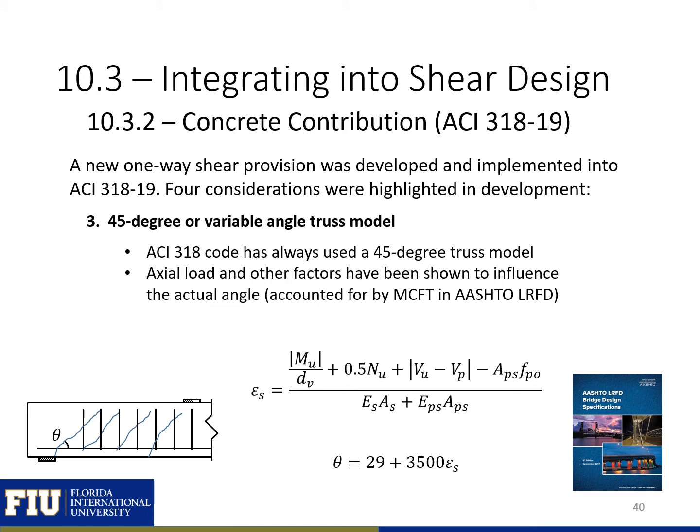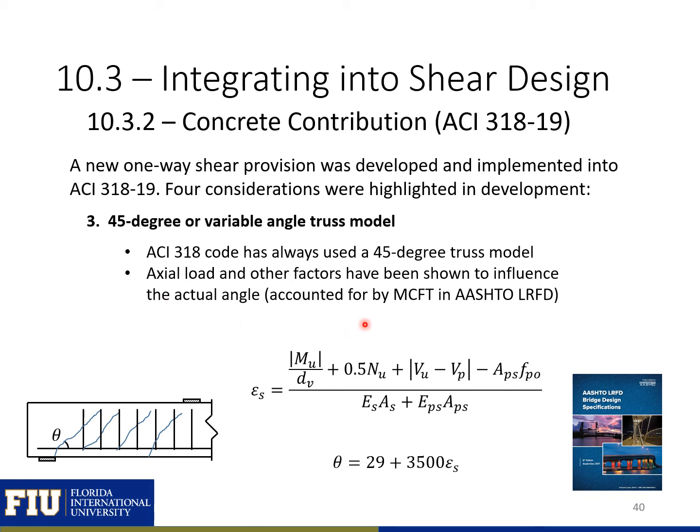The third factor taken into account when creating ACI 318-19 provisions for shear was whether to do a 45-degree or variable angle truss model. So ACI 318 has always used a 45-degree truss model, but axial load and other factors have been shown to influence the actual angle.